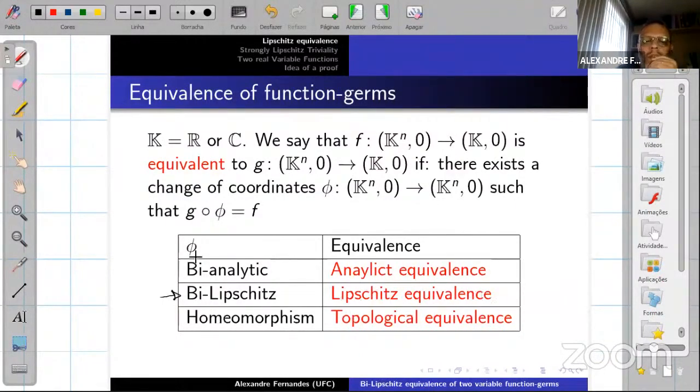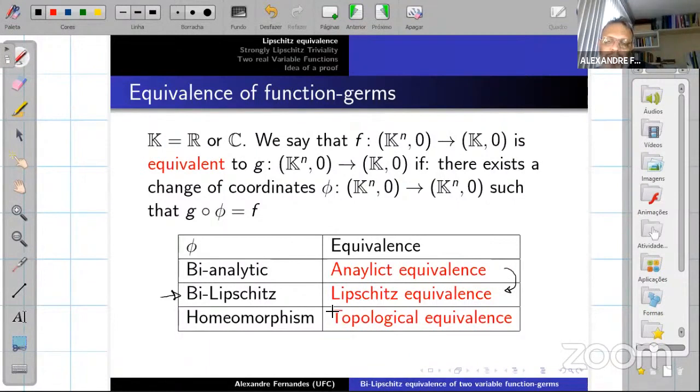When phi is a homeomorphism, a continuous function with a continuous inverse, we say this equivalence is a topological equivalence. Of course, if two function germs are analytically equivalent, then they are bi-Lipschitz equivalent.